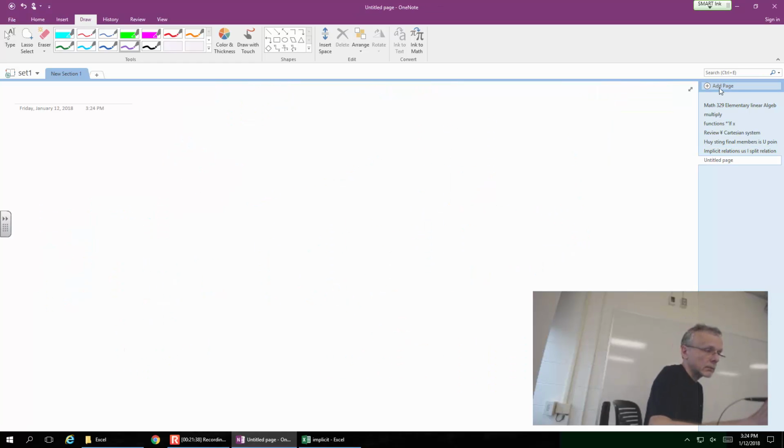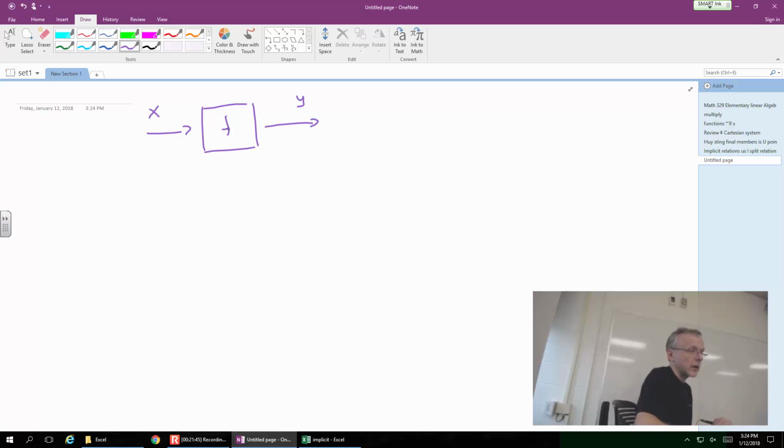So once again, this is what the function is: x, y, f, and as you can see, it is some kind of rule or a program, if you like, that converts x into y with the domain supplied. The domain will always be assumed to be supplied with the function itself.